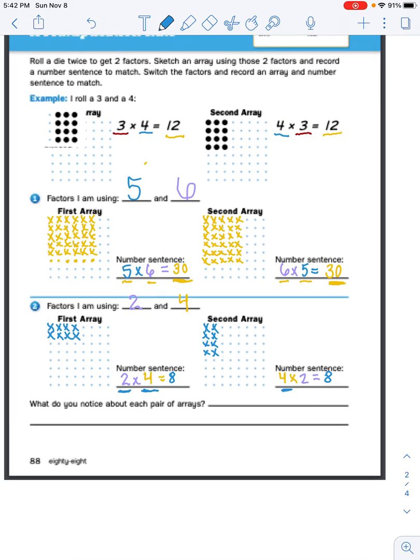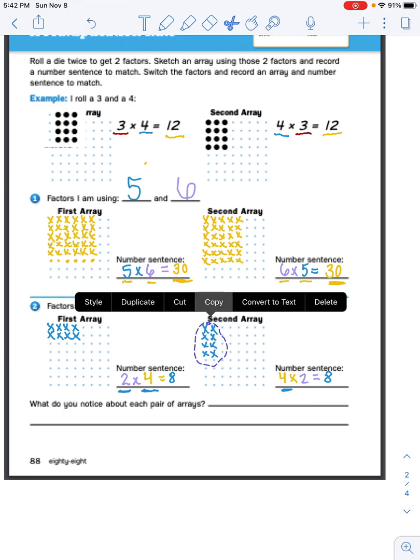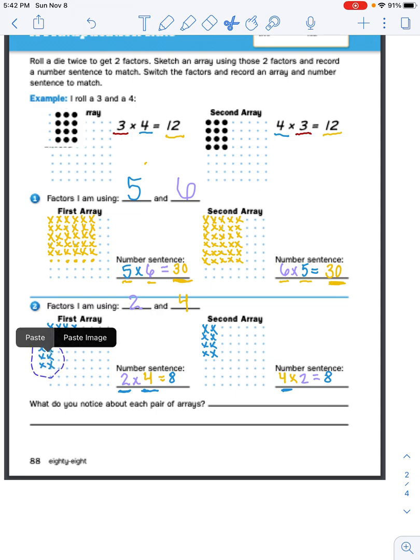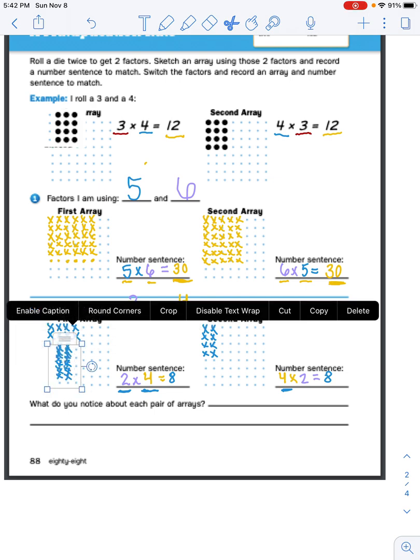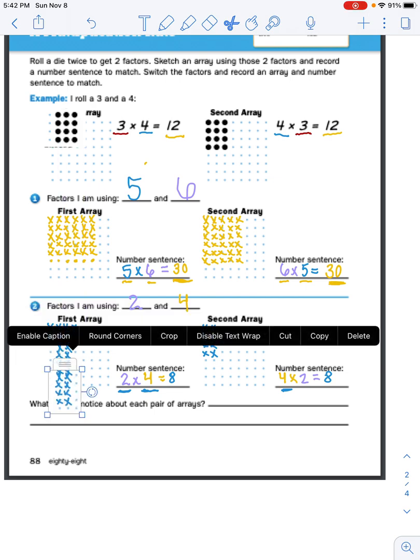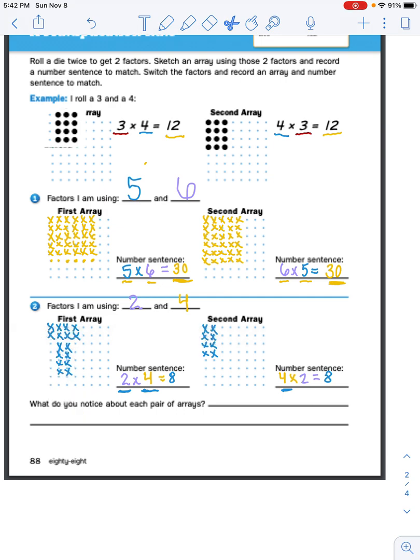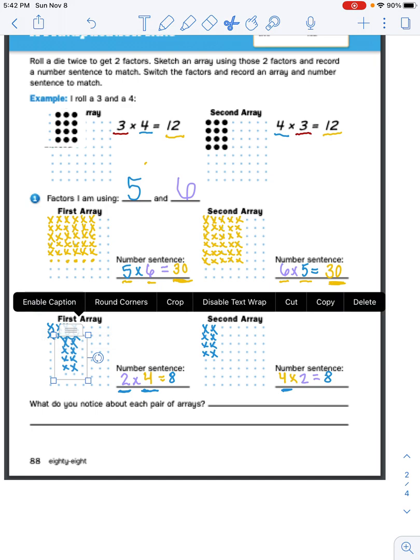I can check that again to see if my array will line up with my other one. And I need to, oopsie, what did I just do? Oh, I see what I did. I need a paste image.